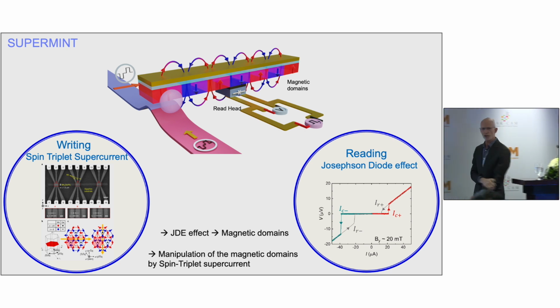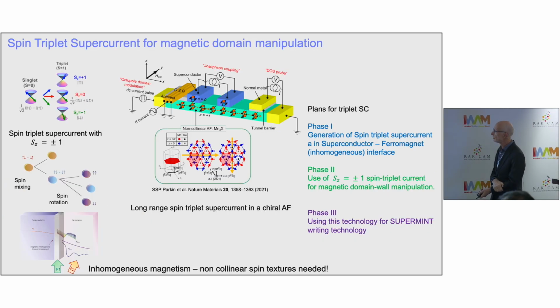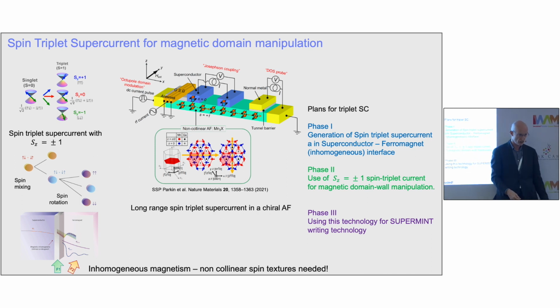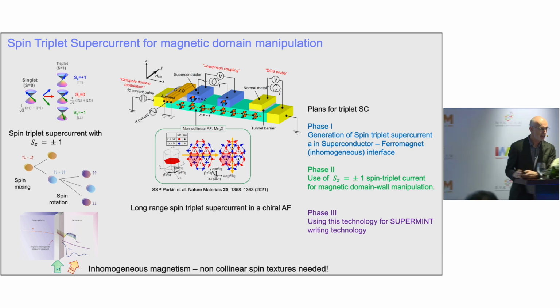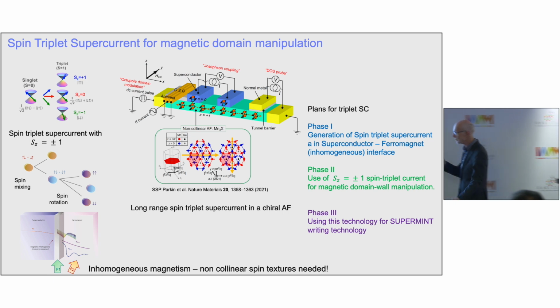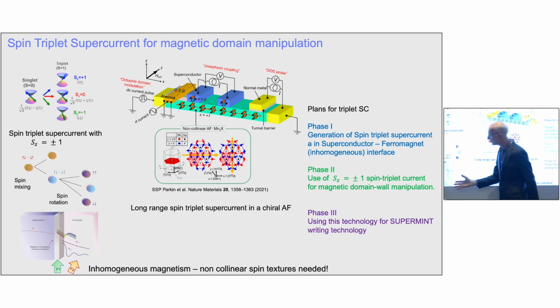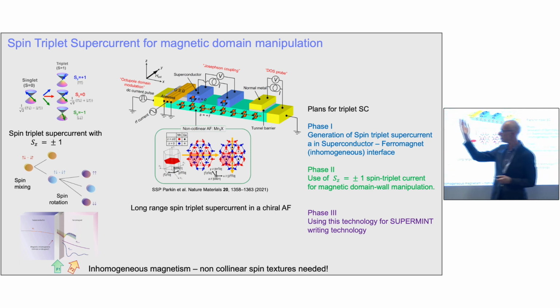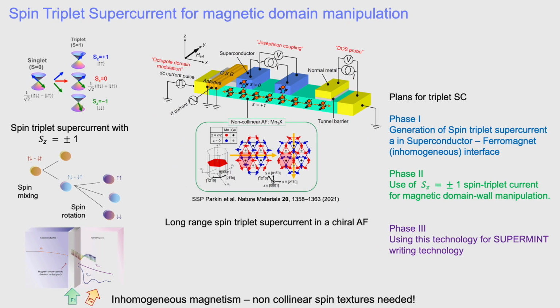I'm not sure how much time I have, but first let me just show you this. This is what we plan to do. I'm giving you our plans because we haven't done it yet. This is taken from a very nice review article in 2015 by Matthias Eschrig, and he shows that singlet superconducting Cooper pairs, in the presence of inhomogeneous magnetization, as originally proposed by Bergeret, will develop triplet current.